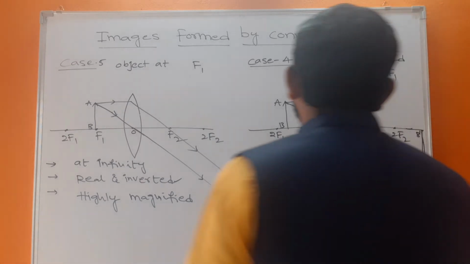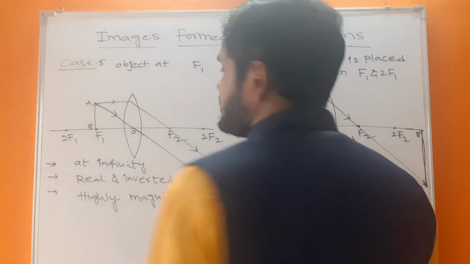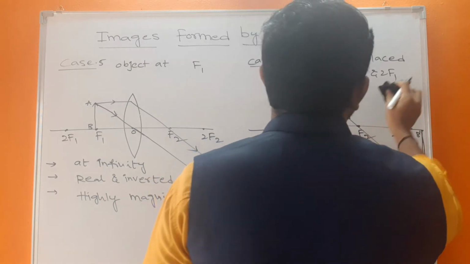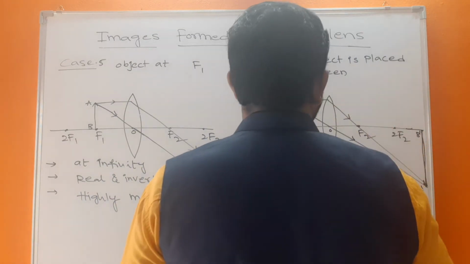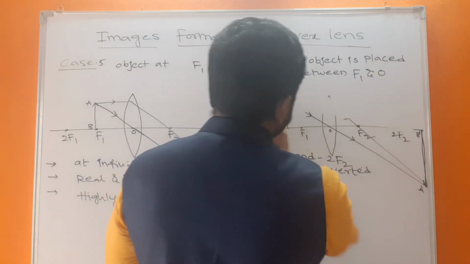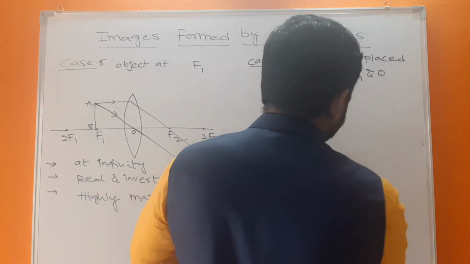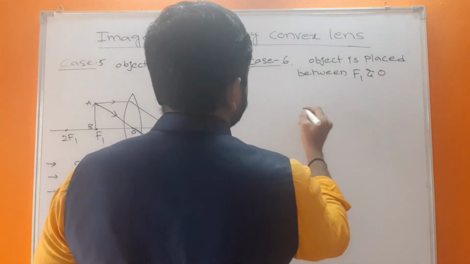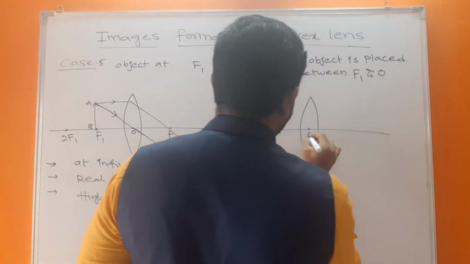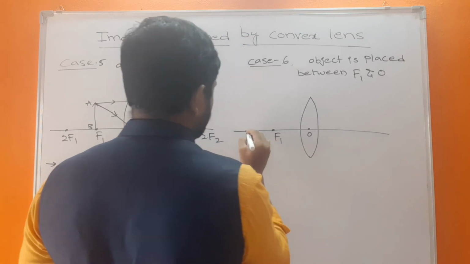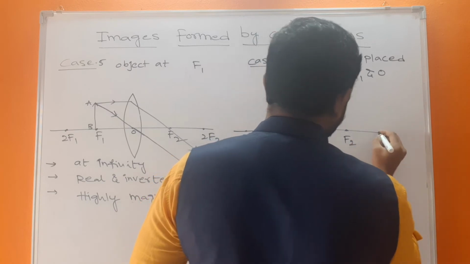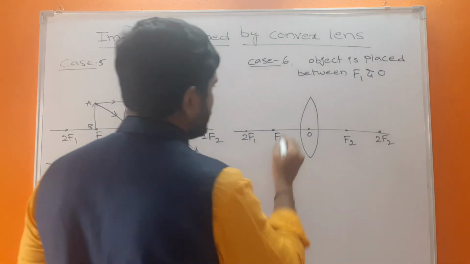So let us see when the object is placed between the optic center and F1, where the image is going to be formed.